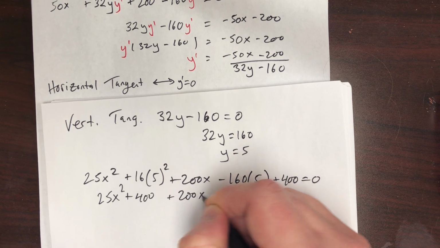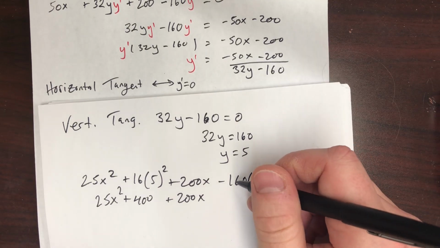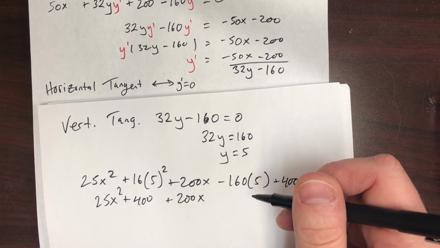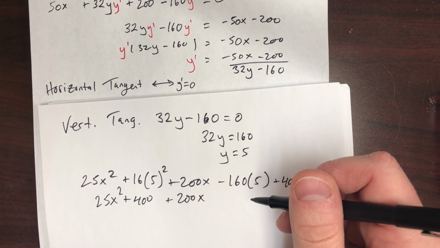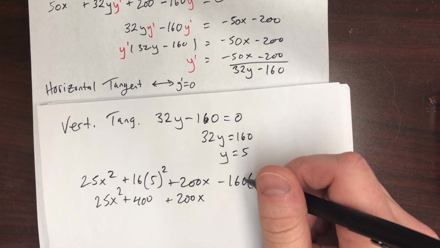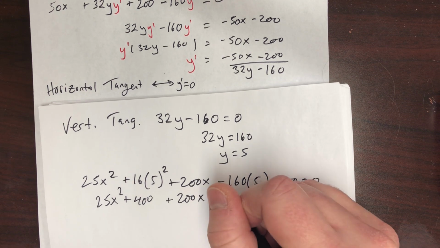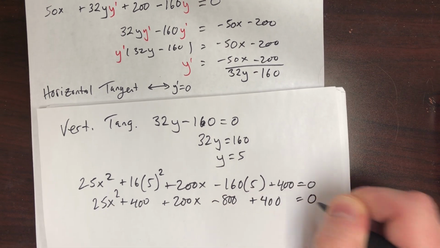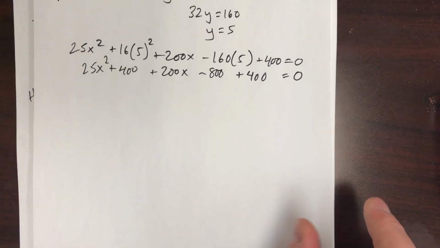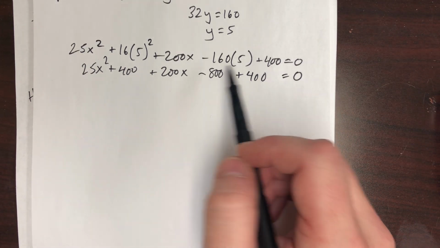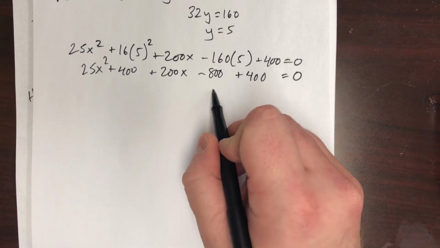Plus 200x. So what is this? 500 plus another 300, because 60. So 800. Okay, we're getting lucky, and it was not lucky, because this was definitely engineered for us. But 400 minus 800 plus 400, those all cancel.